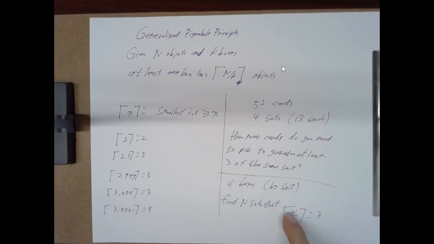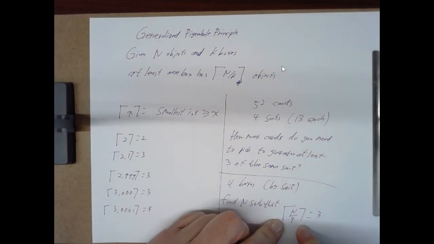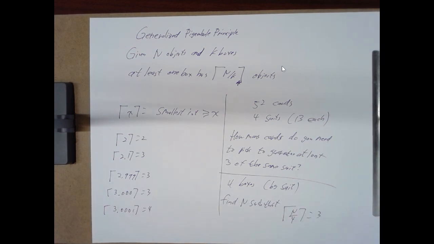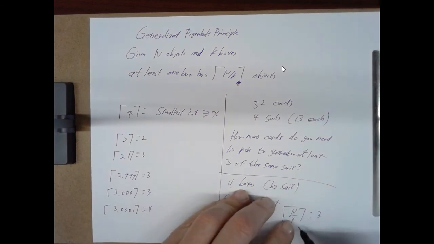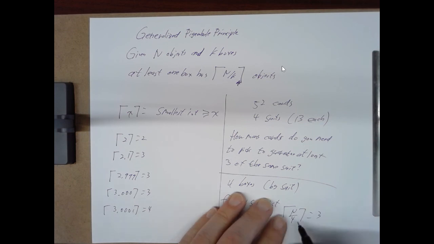Right, because if you have n objects going into 4 boxes, this is how many objects have to appear in at least one box. So find an n so that when you divide by 4, your ceiling is at least 3. Well, if n equals 12, 12 divided by 4 is 3, right? So that will certainly work. But there's smaller numbers too. If n is 8, n over 4 is 2, ceiling is equal to 2.